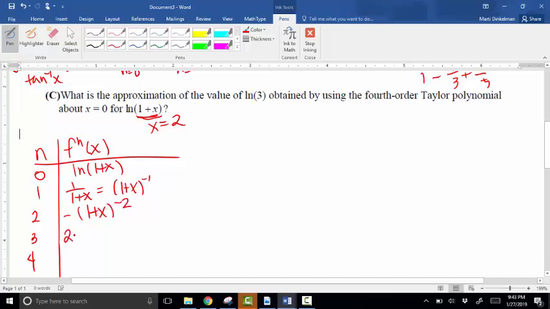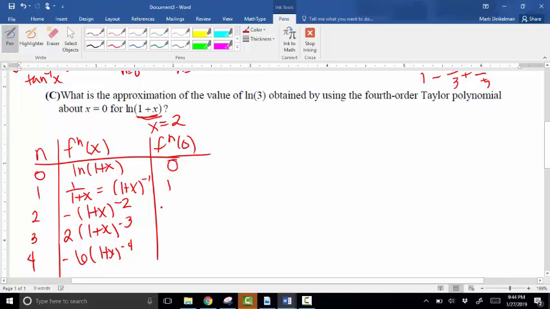This one will become positive 2 times 1 plus x to the negative 3, and then finally negative 6 times 1 plus x to the negative 4. Okay, so now we're plugging zeros into all of those. So natural log of 1 is 0. This is just going to be 1. This will be negative 1, 2, and negative 6.